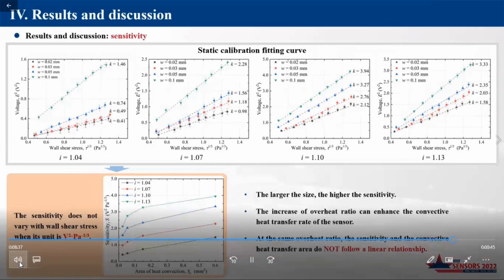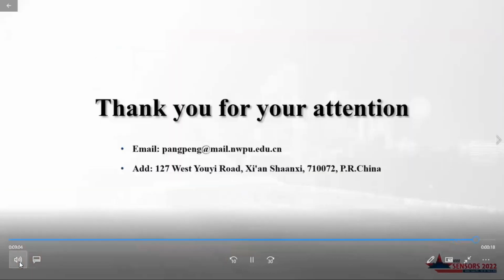The increase of overheat ratio can enhance the convective heat transfer rate of the sensor, and its sensitivity will also increase. At the same overheat ratio, the sensitivity and the convective heat transfer area do not follow a linear relationship. Larger size will increase heat conduction and natural convection heat transfer rate, resulting in the limited increment of forced convection heat transfer.